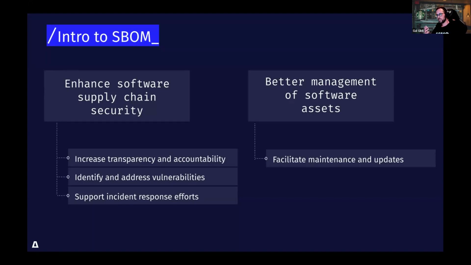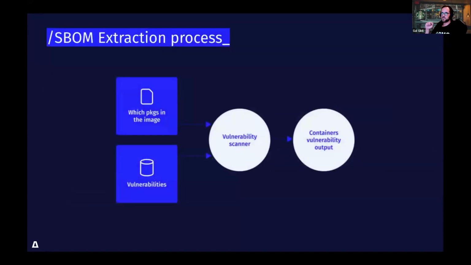And it helps organizations eventually to identify and, of course, address those vulnerabilities that are found and perform effective risk assessments. So let's take a look at how we are extracting the SBOM today. The vulnerability scanner has to be able to list the software on the container image itself, which is, of course, extracting the SBOM.